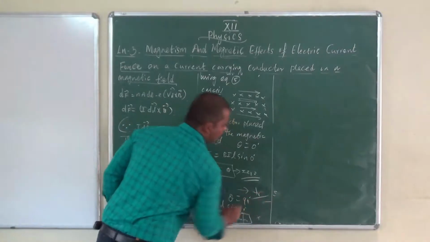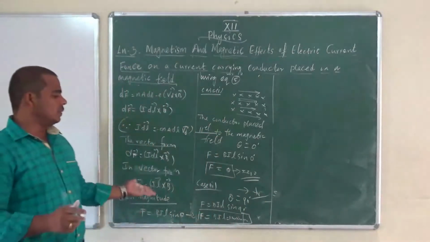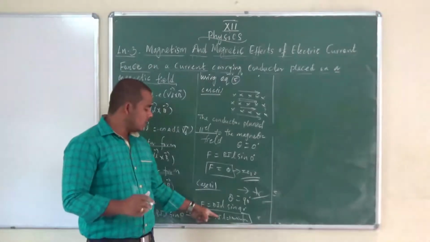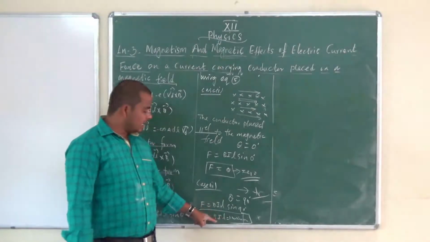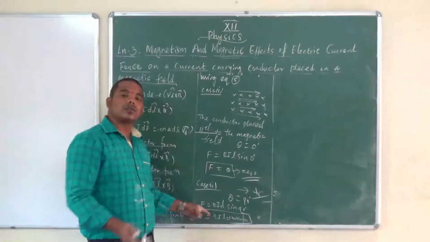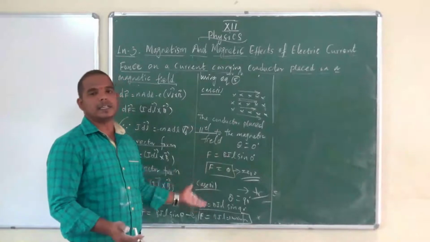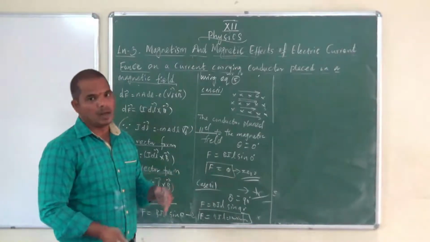Second, perpendicular to the magnetic field, what is the force? Maximum. They will ask a 1 mark question: the length of the conductor they will give, the current they will give, the magnetic field, to find the force. Okay, so you will attend very easily. They give 1 mark or 2 mark level problems.